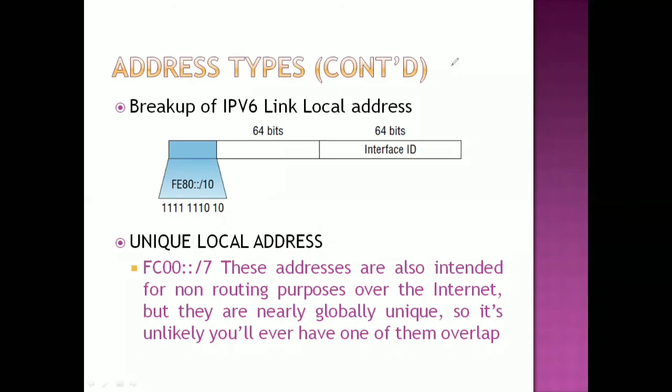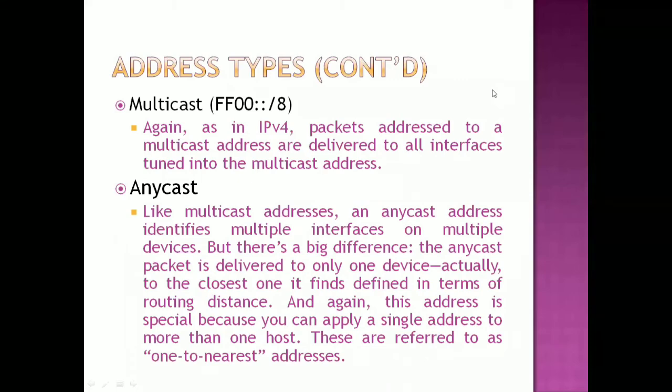Now moving to the next slide, multicasting. As I have told you, multicasting is a feature that is already present in IPv4, and multicast is the way to send messages to a group of users. For example, the OSPF protocol sends routing updates to only a particular set of neighboring routers.